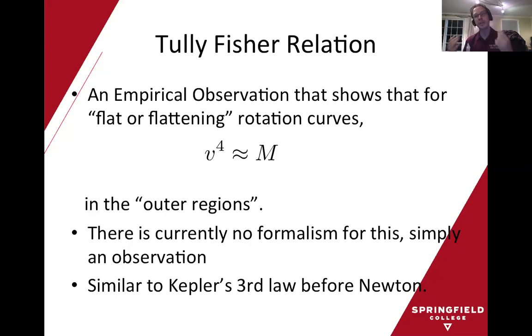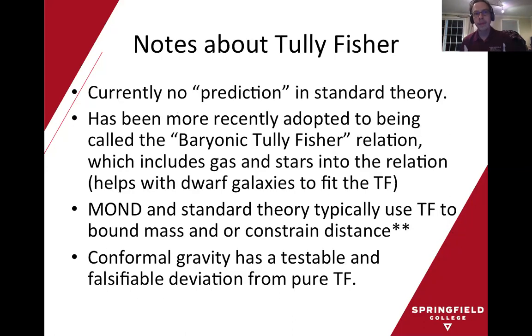Because if we're going to put dark matter into a system, there currently seems to be no universal solution. So anything that points to universality is going to be key for understanding what is actually going on in these systems. But more importantly, if you are going to propose an alternative theory like conformal gravity or MOND, then it has to be something which looks more universal than the dark matter theory.